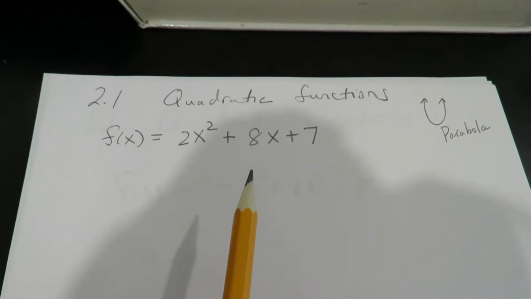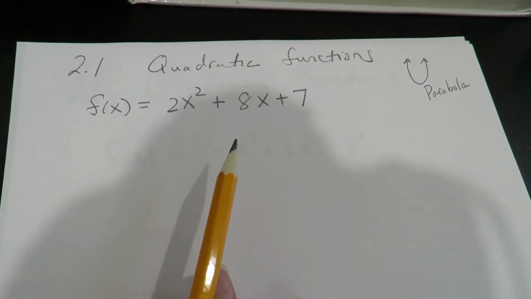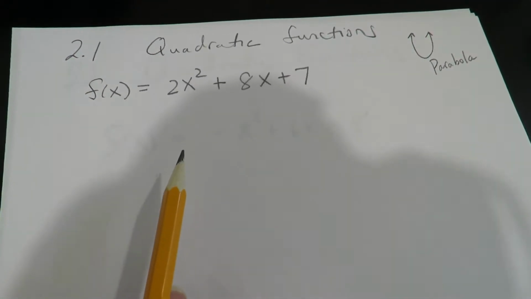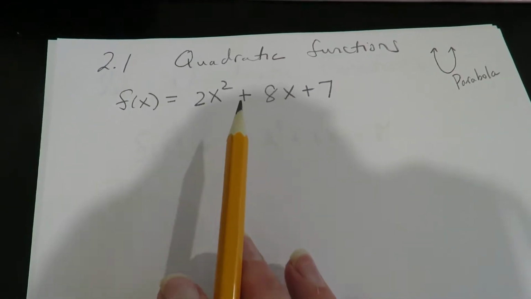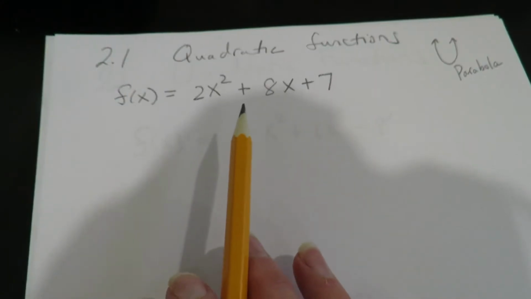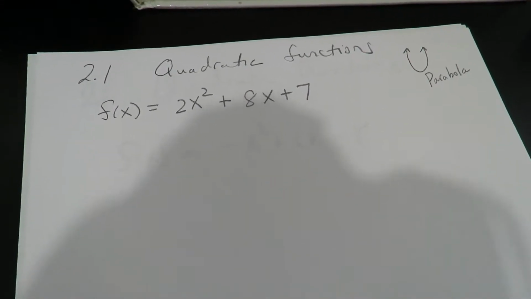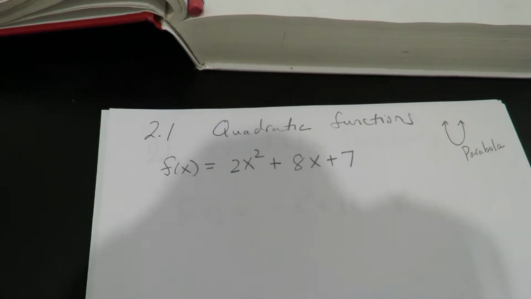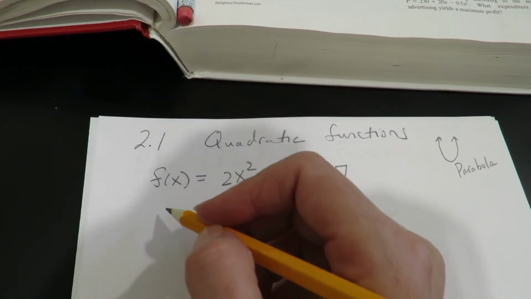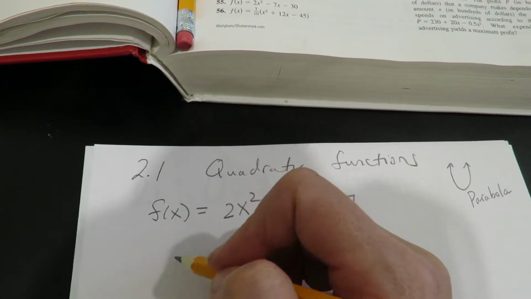What's a little different about this section than the previous section in chapter 1 when I had you graphing is that the quadratic function is not in vertex form. Okay, you can't see the vertex. If you don't know what I'm referencing, I'll write it for you.